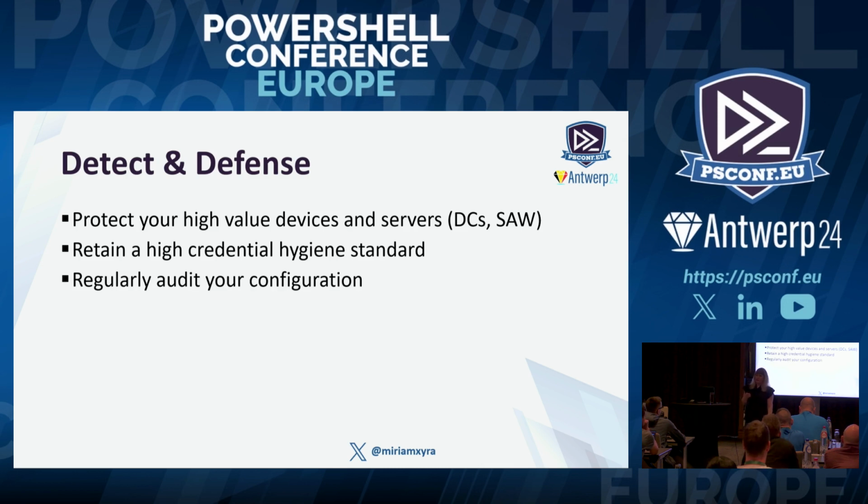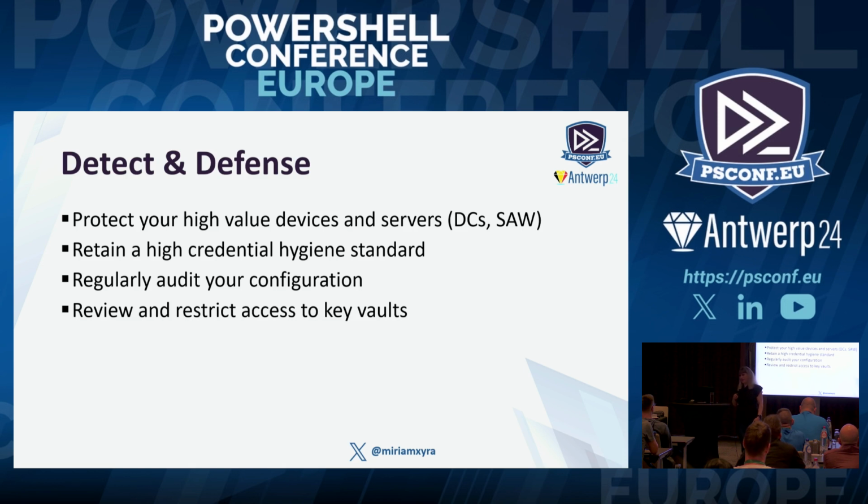Audit your configuration. One of the main reasons why attackers can do privilege escalation is because of configuration flaws, for example, some users have access to some key vaults that they maybe should not have access to, or passwords are found in configuration files, code files.